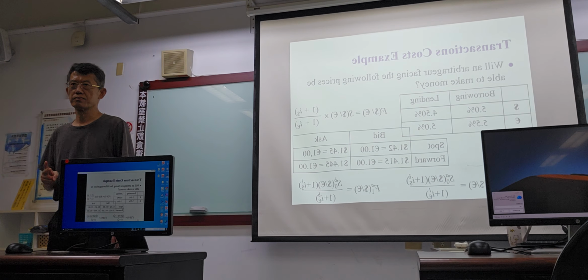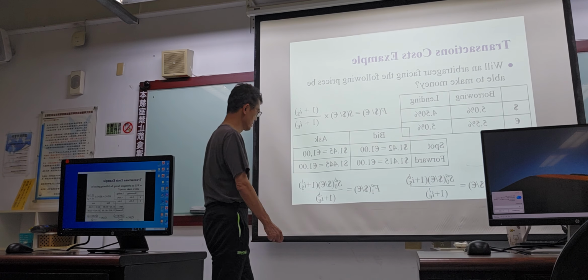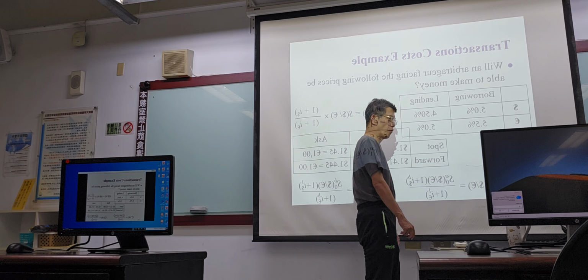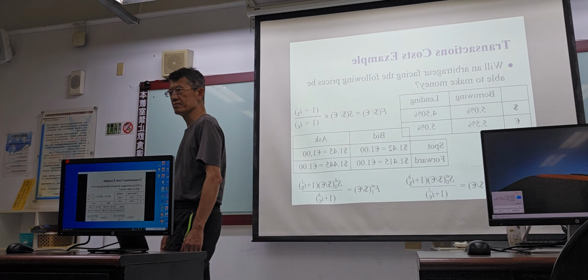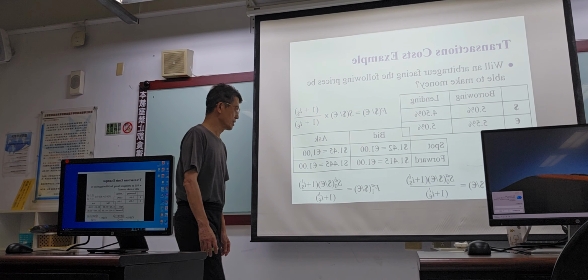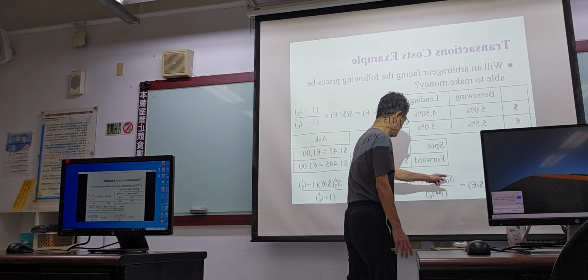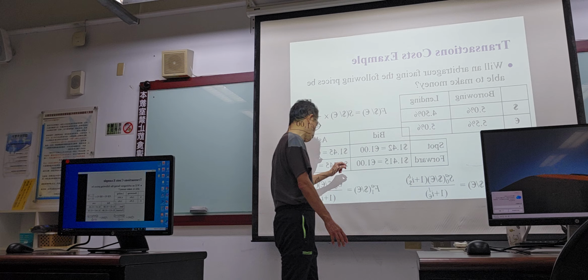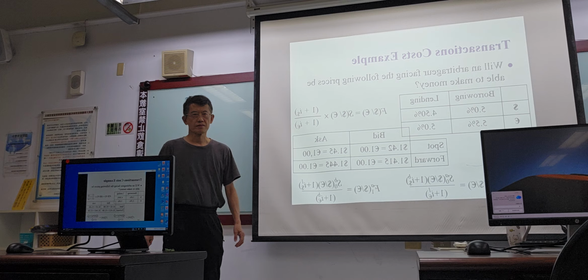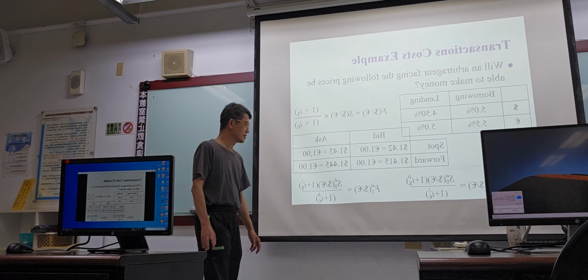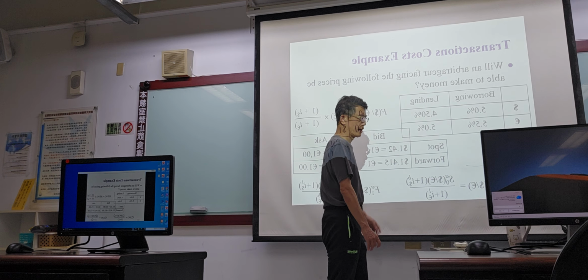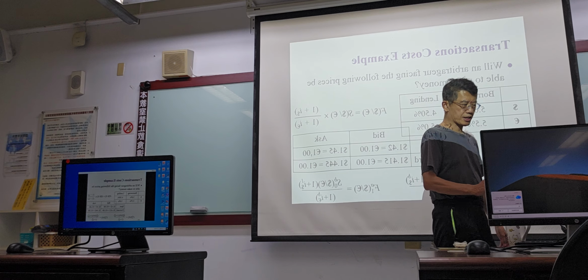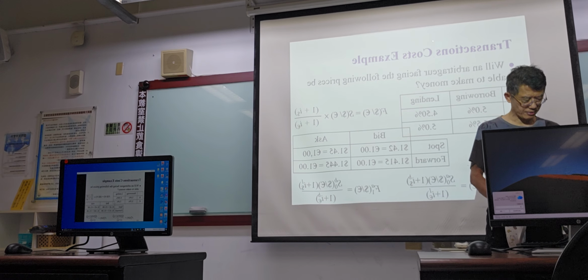There are two: theoretical bid and theoretical ask forward price. They can be adjusted by this formula and this formula. Let's check these two formulas, something we have to pay a lot of attention to.